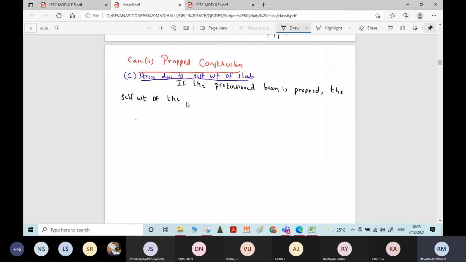If the pre-tensioned beam is propped, the self weight of the slab acts on the composite section, not on the beam. It acts on the composite section, that is the T section.